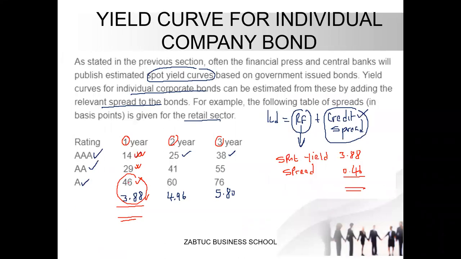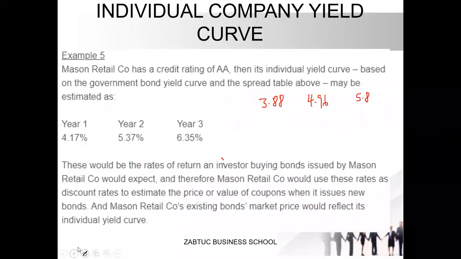So the spreads are here: 29, 41, and 55. So we add.